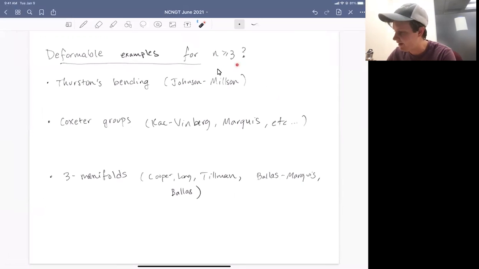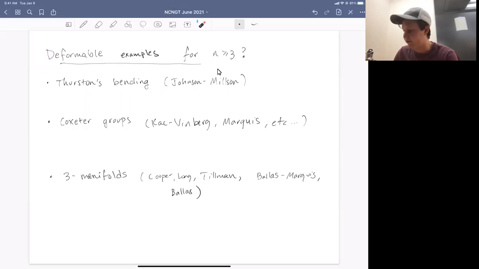When the dimension is higher, the geometry is not necessarily deformable, but there are examples which are deformable. Johnson and Millson applied Thurston's bending to n-manifolds with a totally geodesic submanifold, bending along that submanifold to get non-trivial convex real projective structures.